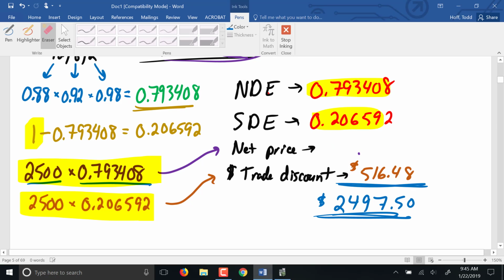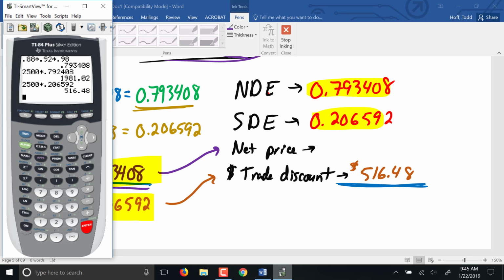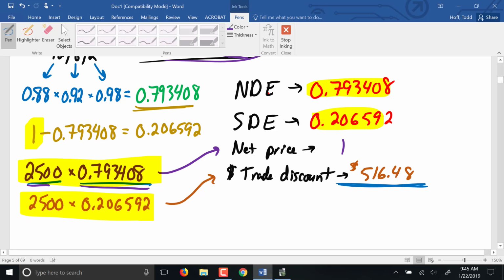So I'm going to recalculate my net price. Making sure I punch the calculator buttons correctly this time, I have 2,500 times 0.793408, giving me $1,983.52 as my net price.